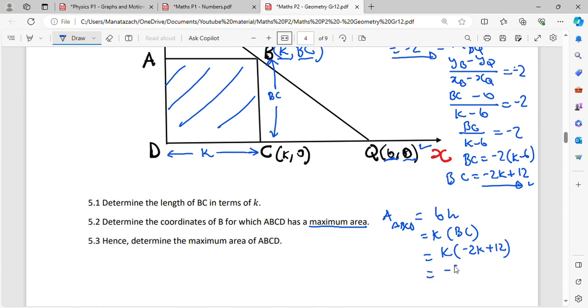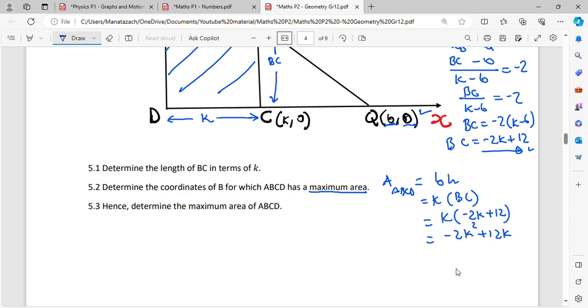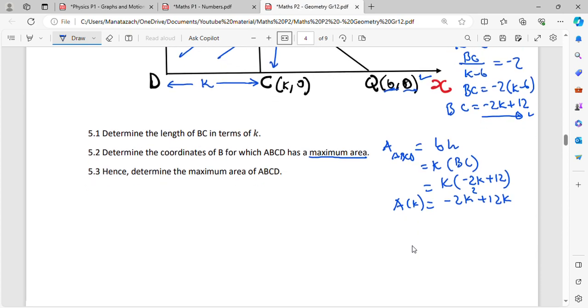Then you'll have minus 2K squared plus 12K. So this is the area of ABCD in terms of K. Since they're looking for the maximum area, we must work out the coordinates of B for which the area would be maximum.